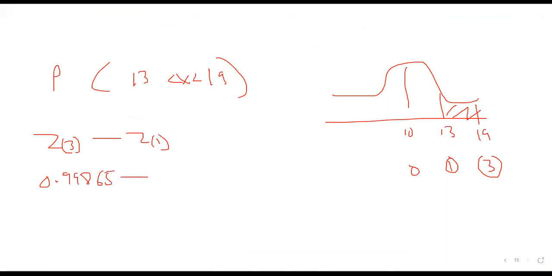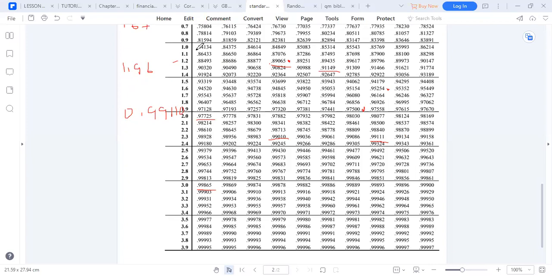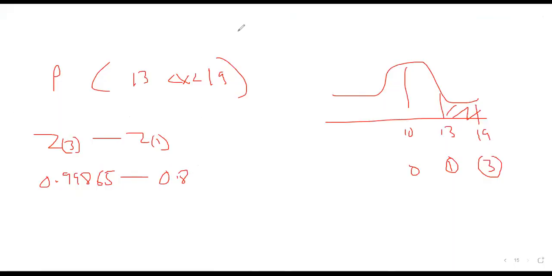Then you check under 1, 0.84134. So 0.99865 minus 0.84134. The difference is 0.15731.